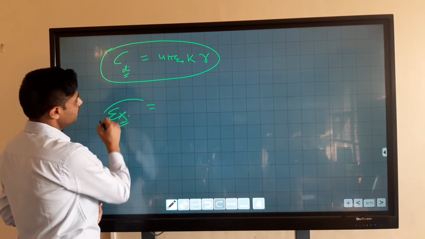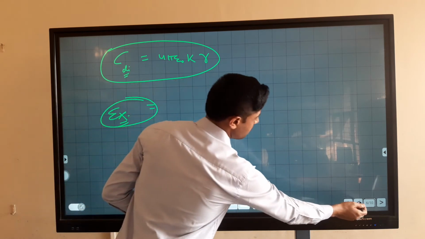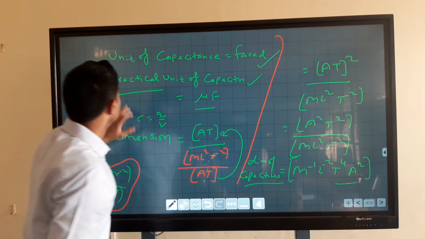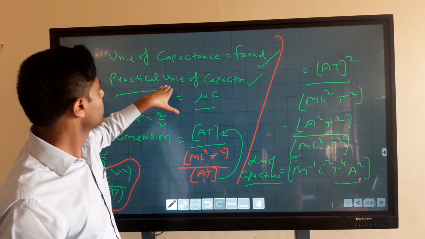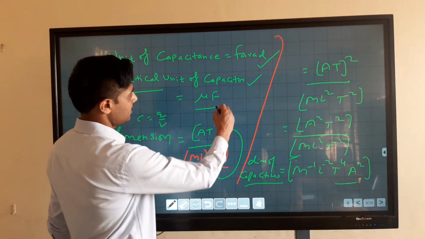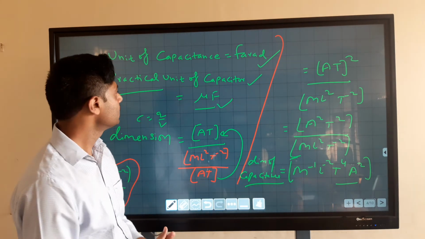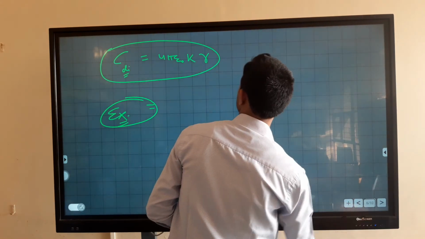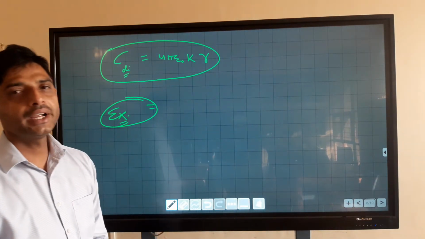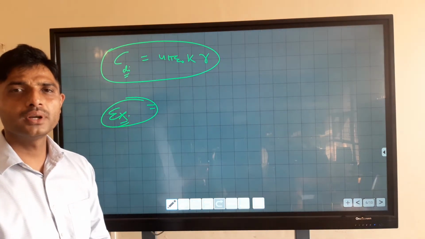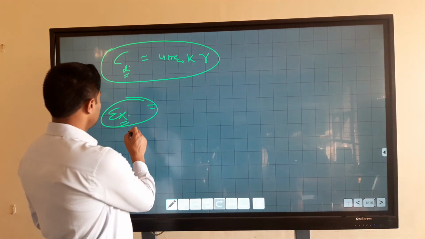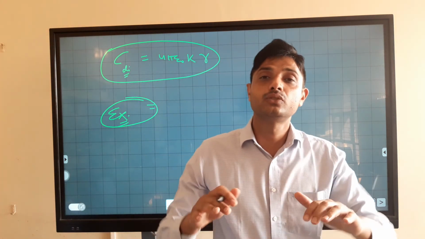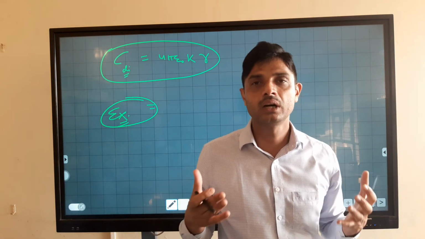For example, the unit of capacitance is the farad and the practical unit is the microfarad. How can we prove that the practical unit is the microfarad? Let us find the capacitance of the earth.